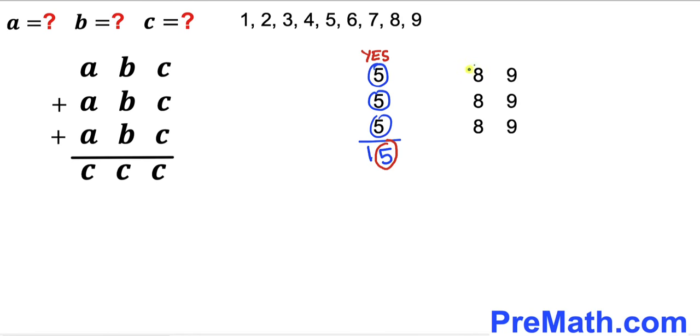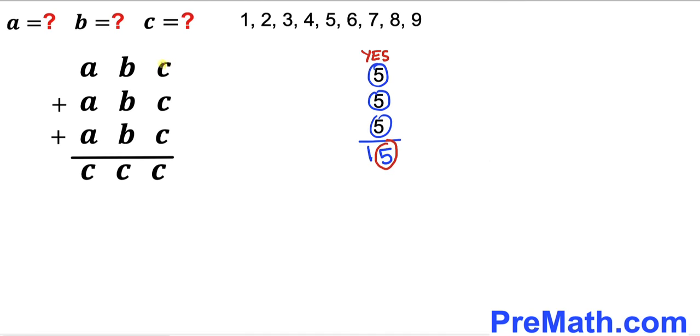So now let's try 8 plus 8 plus 8, which is going to give us 24, and we can see 4 is not same as 8. And finally 9 plus 9 plus 9 is going to give us 27, and 7 is not same as 9. So we are going to rule out this option as well.